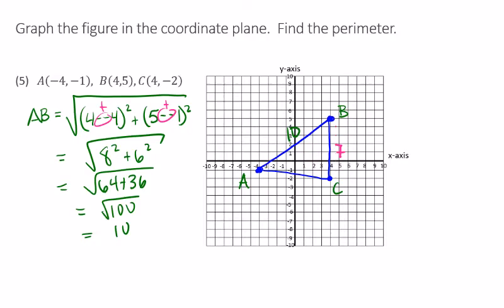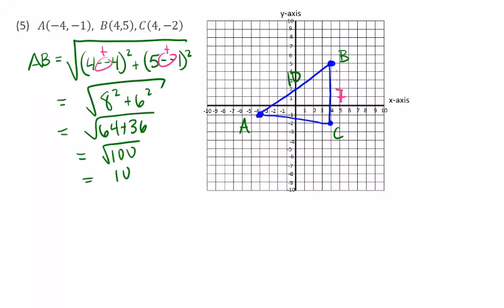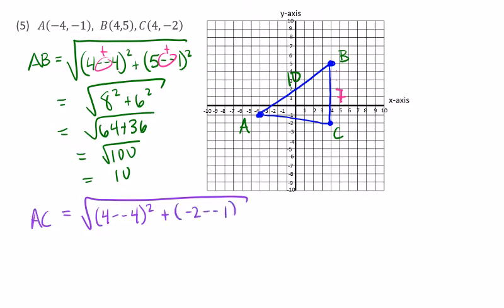All right, and then we'll do the same thing to find AC. So segment AC is going to be, we'll use our C's as our 2's, so we'll do 4 minus -4 squared plus -2 minus -1 squared.